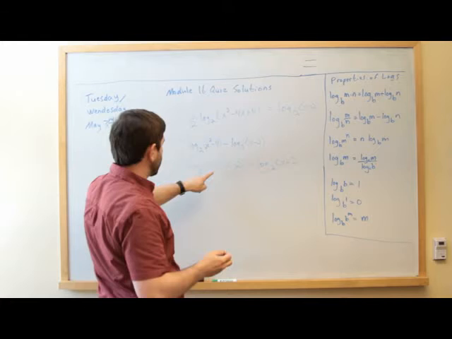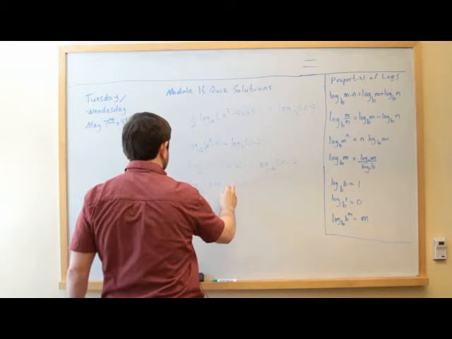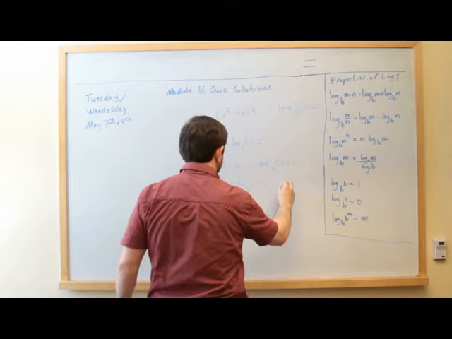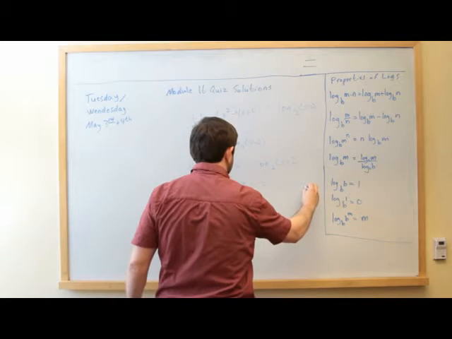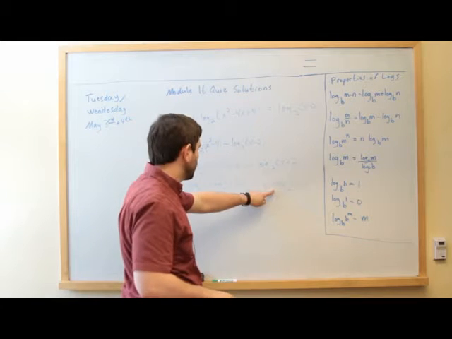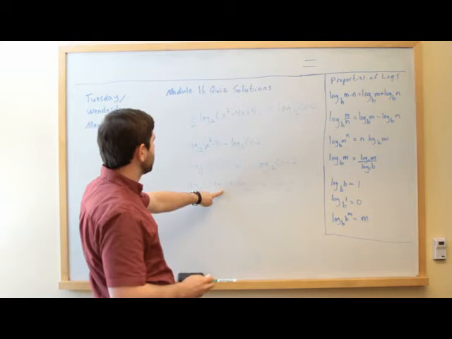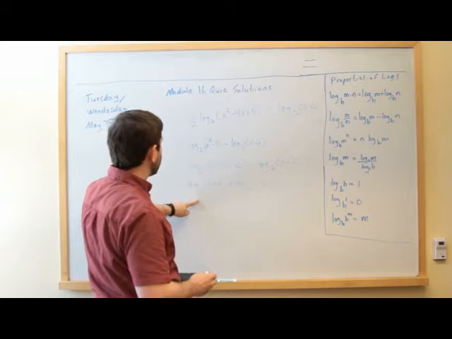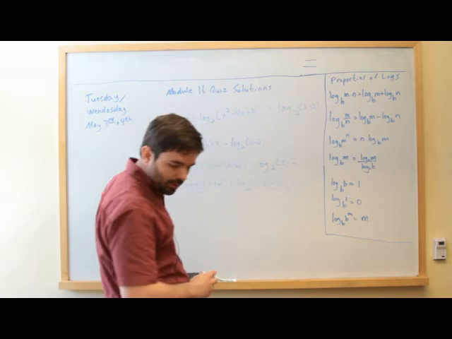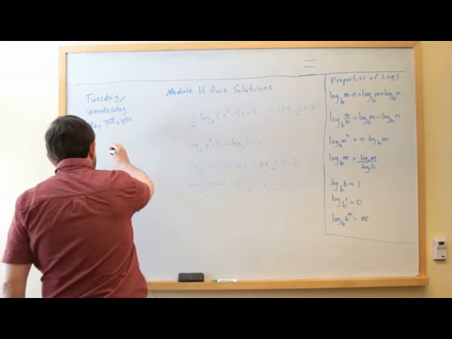Let's do our product rule. And we have log base 2 of x minus 2 minus log base 2 of x minus 2. We're left with log base 2 of x plus 2. That is very different from log base 2 of x minus 2. We have a plus there and a minus there. So the answer to A is no.